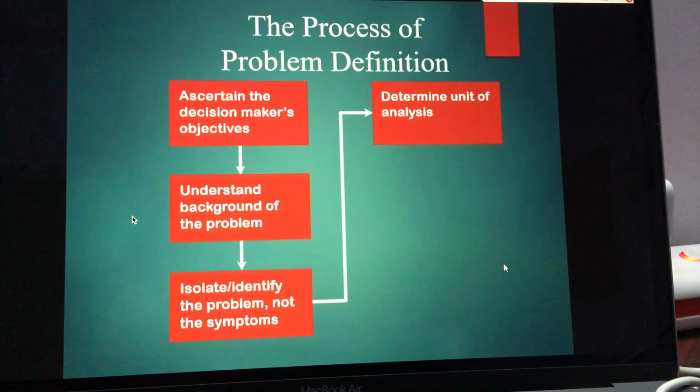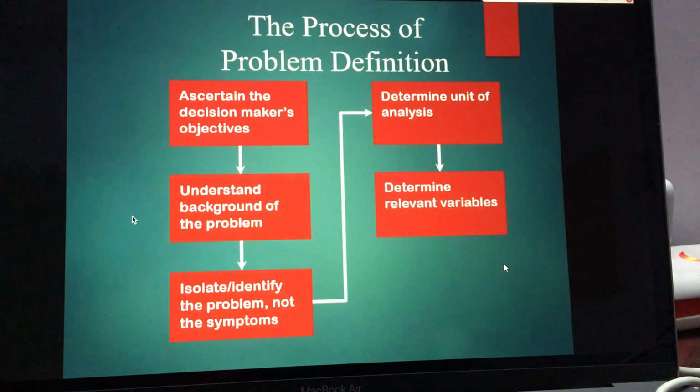In some cases, it is not enough to look at only our customers; you might have to study even your competitors' customers. So you have to understand different units of analysis. Then determine the relevant variables.